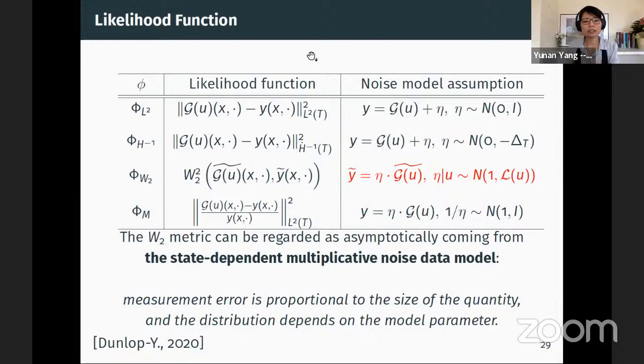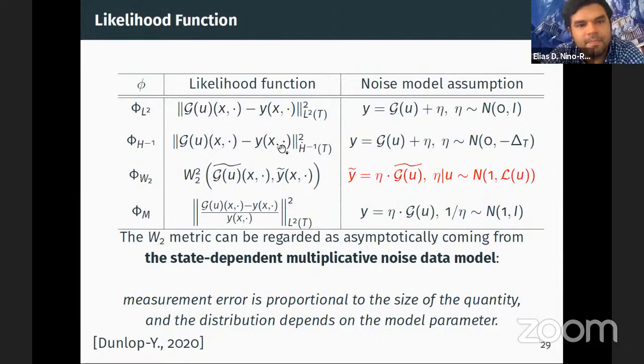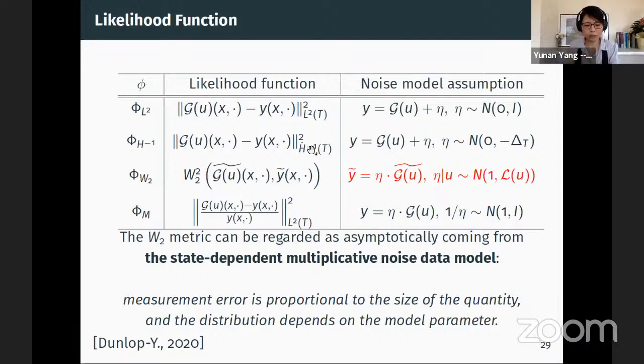So the robustness of L1 norms. Yes. If you look at the slides now, this is my joint work with Matt Dunlop. We summarize a few different choices of likelihood function, but they are very representative. You can definitely expand this table by a lot. If you use the L2 norm, the underlying noise assumption is additive Gaussian noise. If you use the H-1 semi-norm, you still have additive noise, but your covariance matrix involves an elliptic operator.